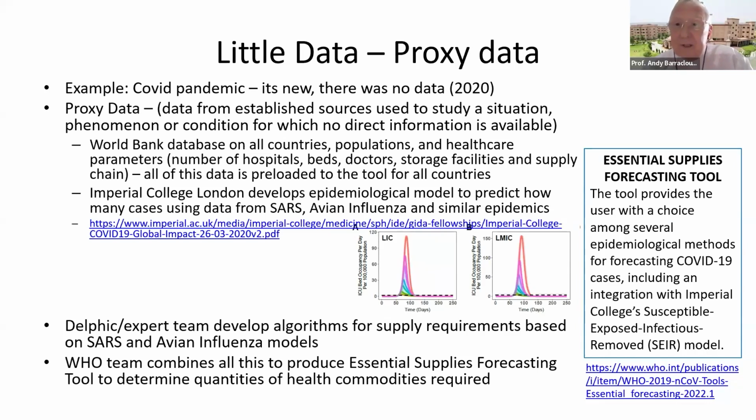How many masks do you need per patient? How many ventilators do you need? It was all new. We didn't have COVID before, so we used proxy data, using the data from SARS and avian influenza. And then the WHO team helped to combine all of that together into the WHO COVID-19 Essential Supplies Forecasting Tool.